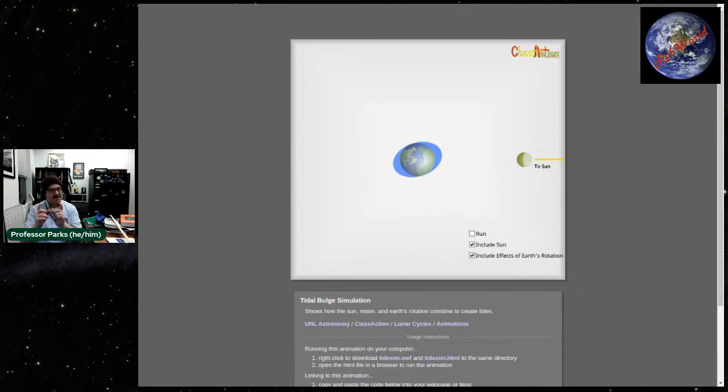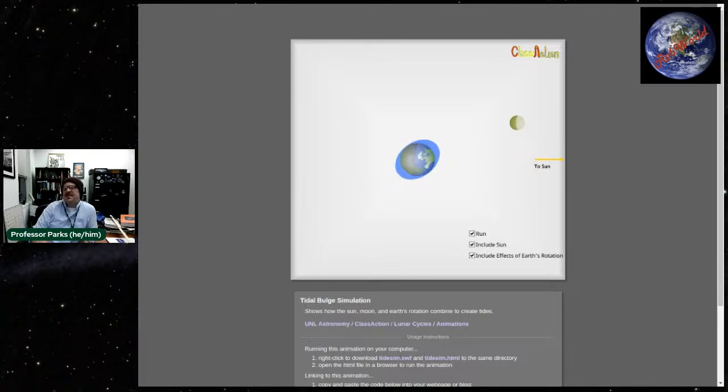So the fact that the distance goes as 1 over r squared is really seen with this sort of example. The fact that the sun is so much further away really diminishes the amount of tidal force that it applies, even though it's so much more massive than the moon is.